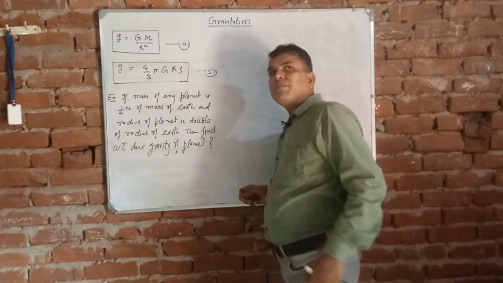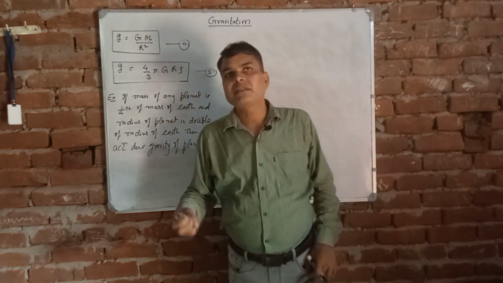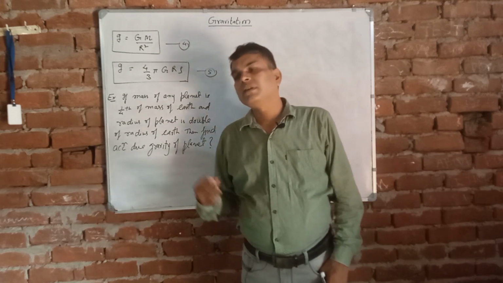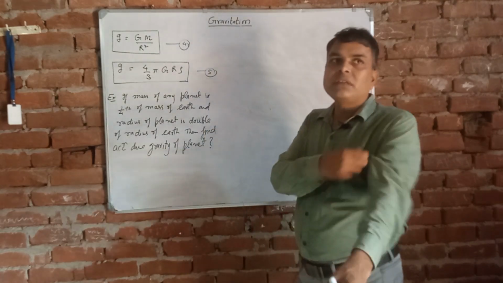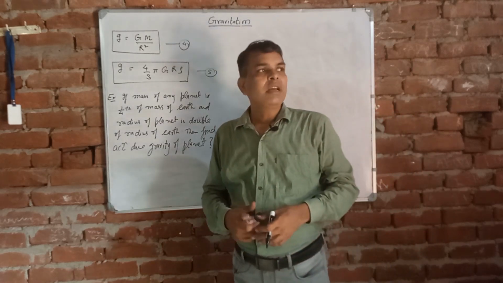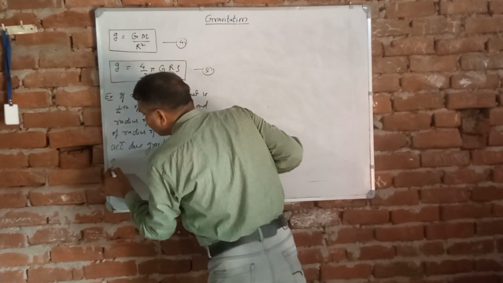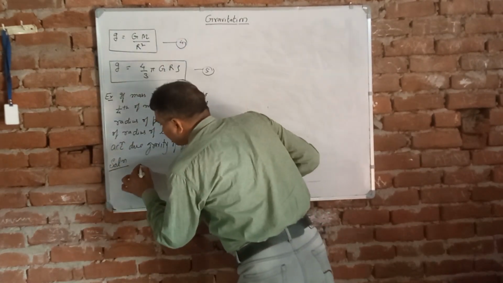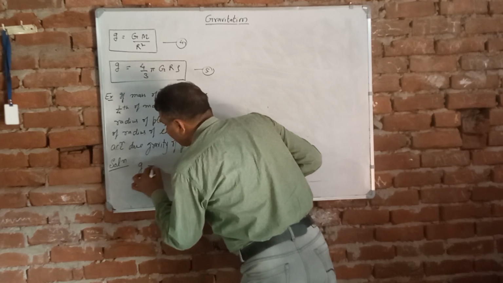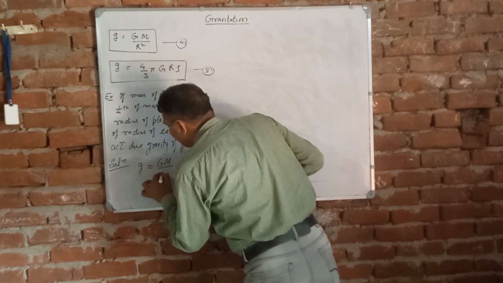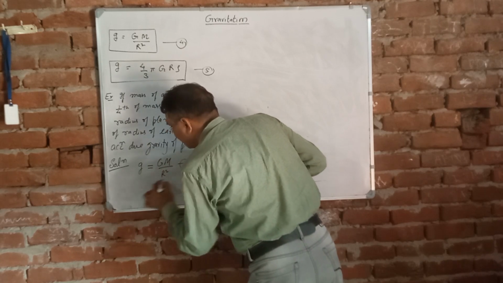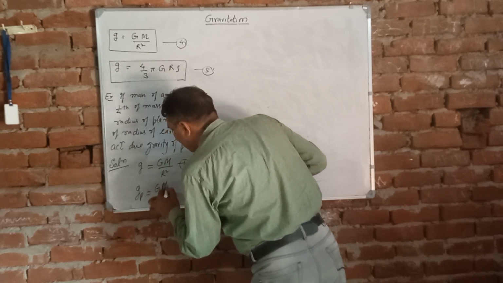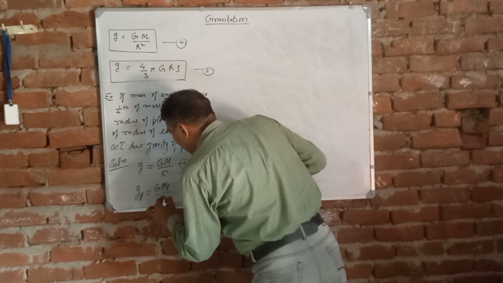If the mass of any planet is 1/4 of the mass of the earth and the radius of the planet is double the radius of the earth, then what is the acceleration due to gravity of the planet? So acceleration due to gravity of earth is g equal to G M by r square. Acceleration due to gravity of the planet is gp equal to G mp by rp square.